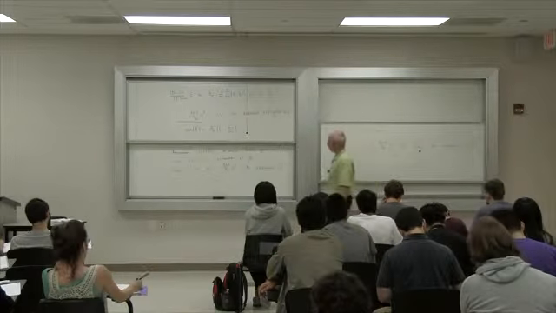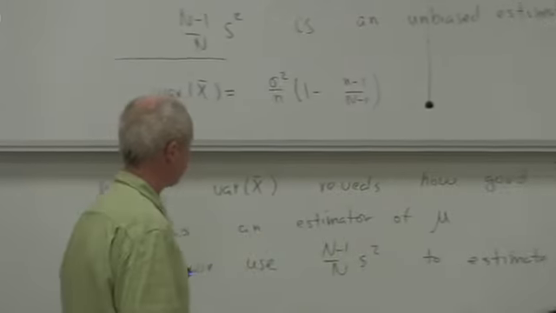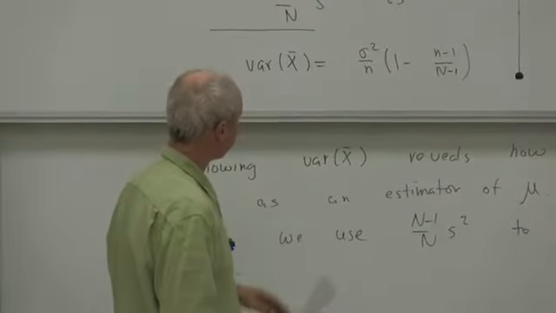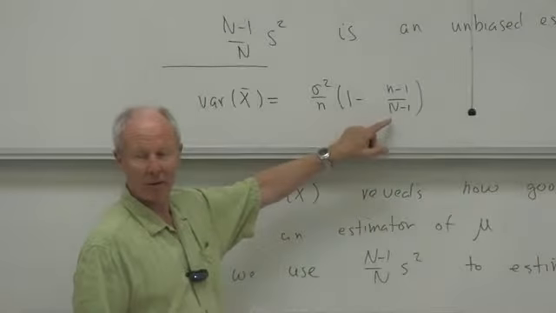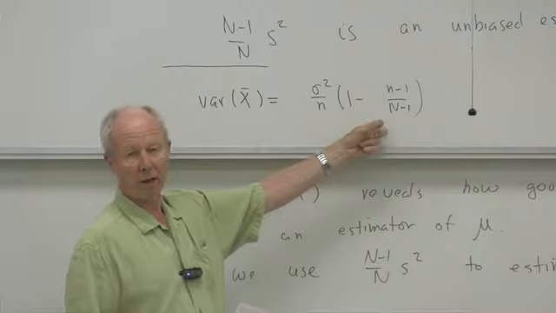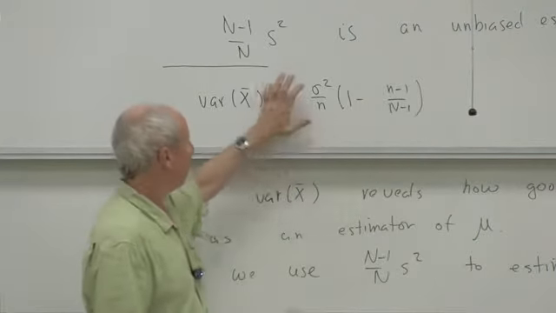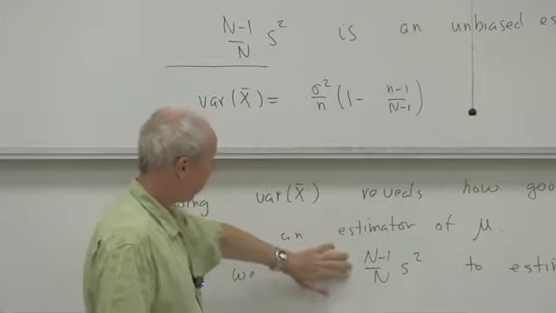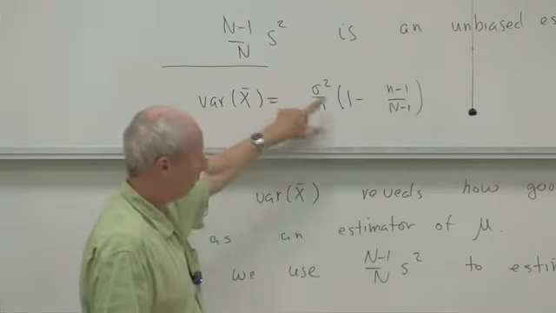Okay, so this is the true formula for the variance of x bar. We want to estimate that. We don't need to estimate little n or capital N. A lot of times you know little n, and probably you have a good idea what capital N is, but you may not know it exactly. So you have to estimate sigma squared. Well, we use this. So we just put this in here, and you get that.